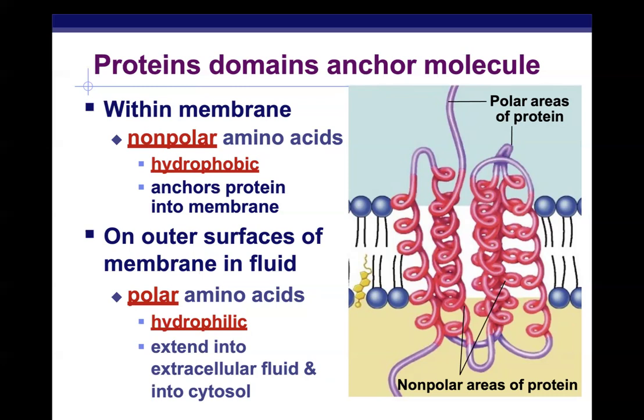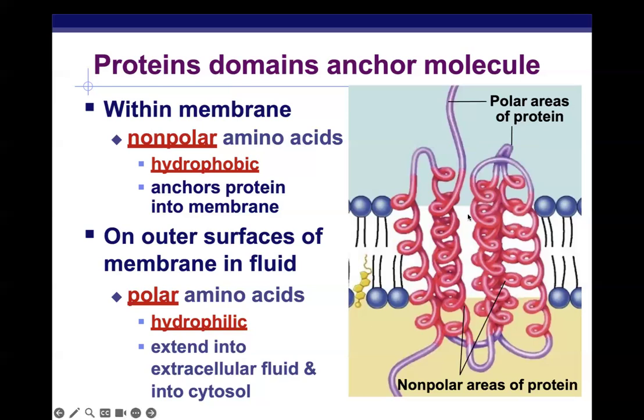They usually serve as anchors, keeping the protein in the phospholipid bilayer, because if you try to push the protein one way or the other, those nonpolar amino acids would be exposed to water, which they repel. And the outer surfaces, this part that's in purple, and the extracellular and intracellular fluid of a protein channel are mainly made of polar amino acids that are attracted to water, are hydrophilic, and they extend into both domains.